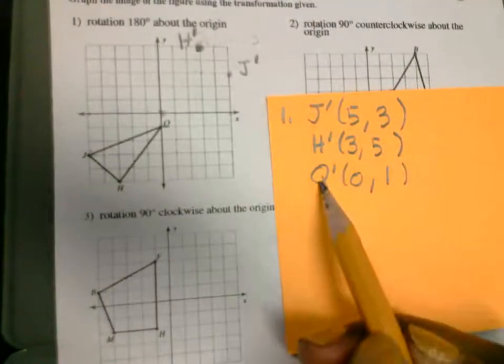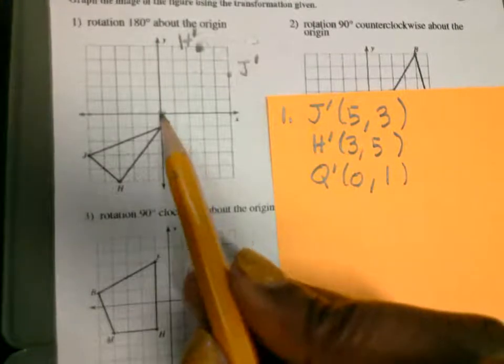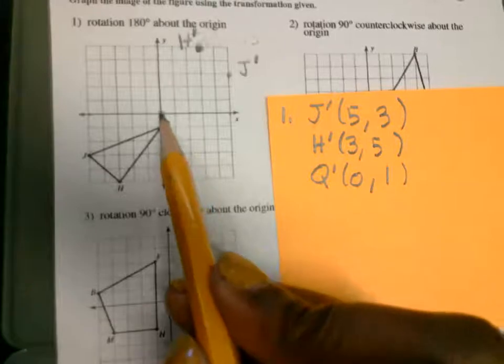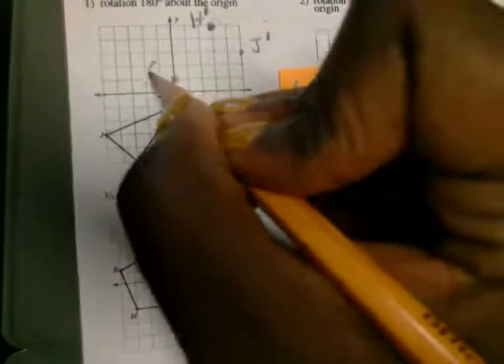Now let's do Q. Left, right first. You don't move left or right because X is 0, but you go up 1. This is Q prime.